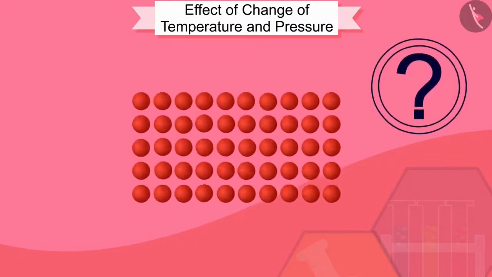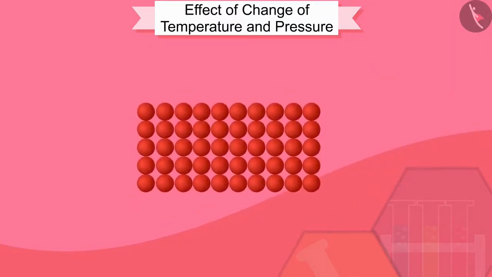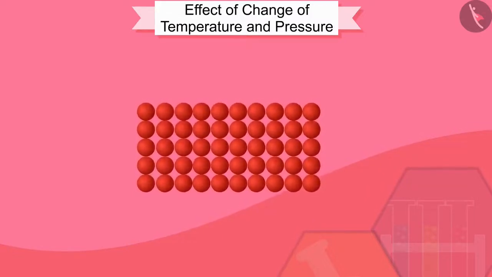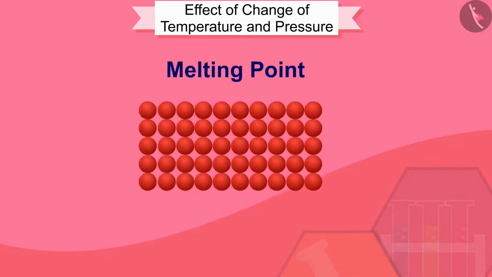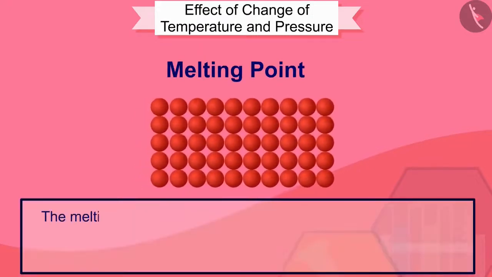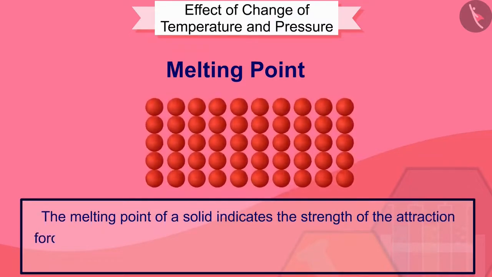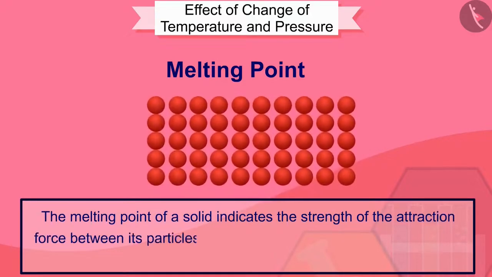And do you know another interesting thing? The temperature at which a solid melts and becomes liquid is called its melting point. The melting point of a solid indicates the strength of the attraction force between its particles.